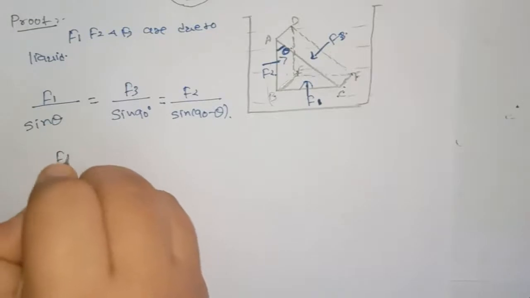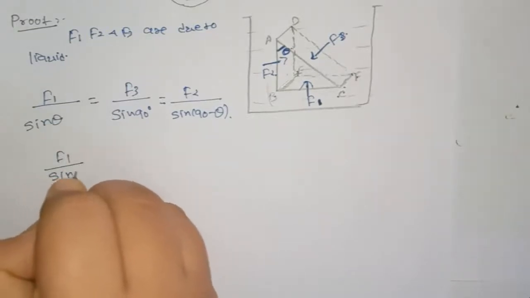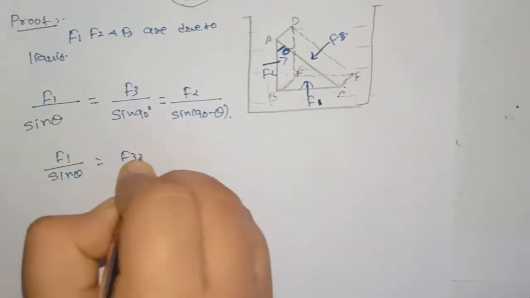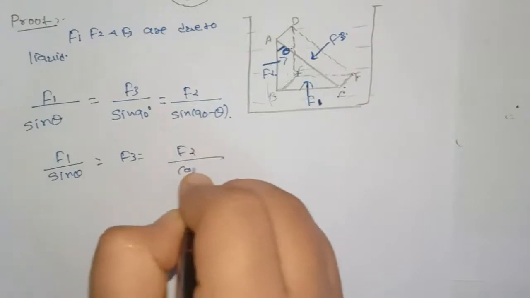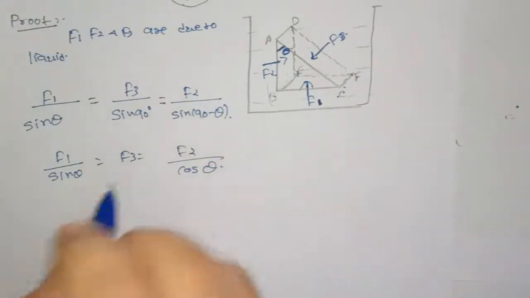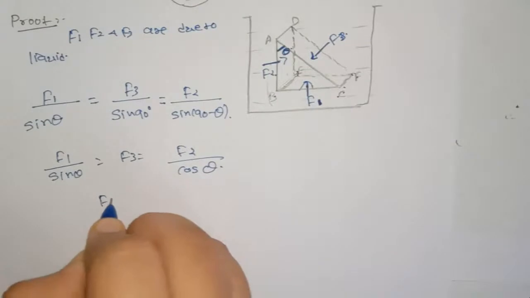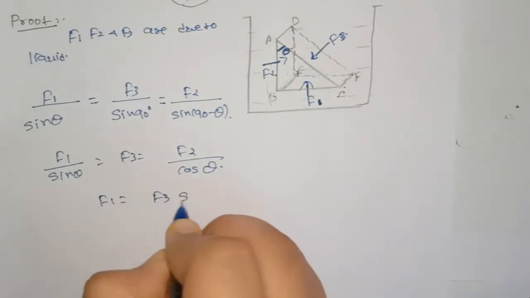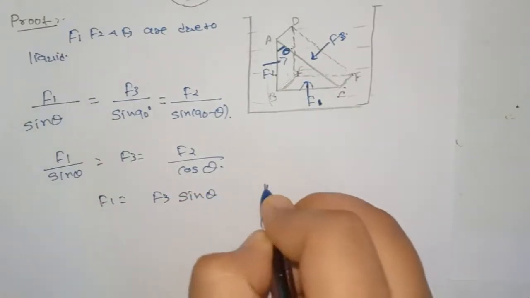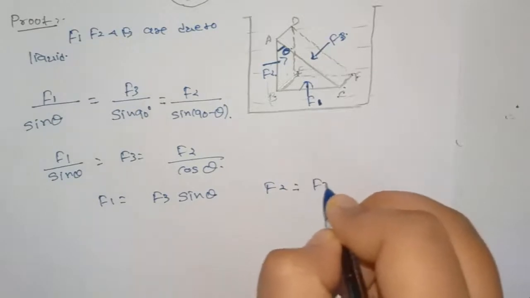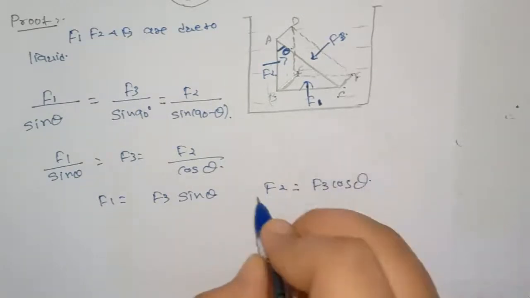So, F1 upon sine theta is equals to F3 is equals to F2 upon cos theta. So, we can write F1 is equals to F3 sine theta and F2 is equals to F3 cos theta.